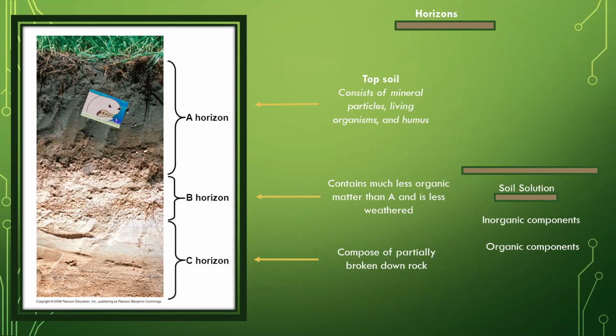So in this topsoil area, you're going to find a mixture of inorganic compounds and organic compounds, right? You're going to find the soil solution, and then mixed in there, you're going to have this humus, which is the remains of dead organisms and other organic matter. So this is decomposing flowers, decomposing leaves, dead organisms, other organic molecules that are being broken down.